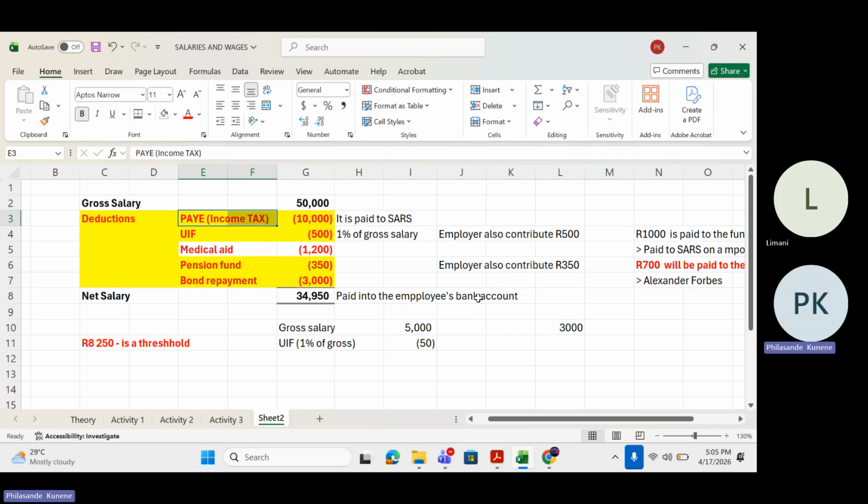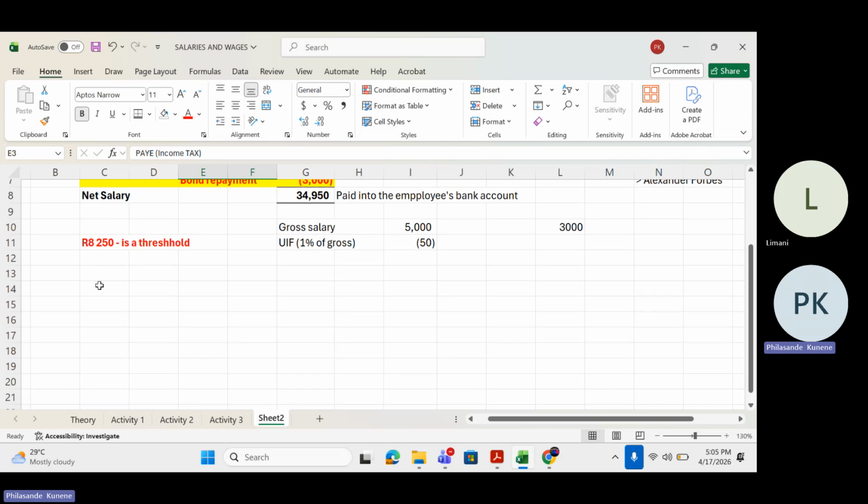Not everyone pays the income tax, right? If your salary is too small, you don't pay the income tax. You only pay income tax if you're earning above 8,250, right?